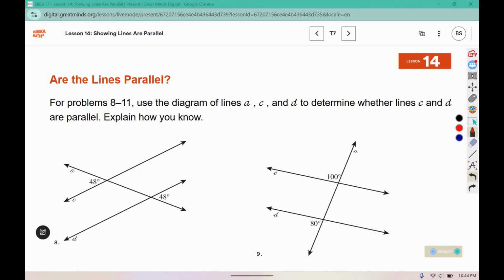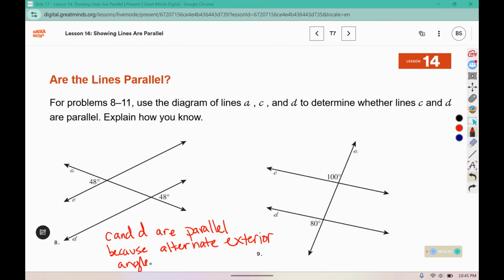So they are parallel. C and D are parallel because the alternate exterior angles are congruent.